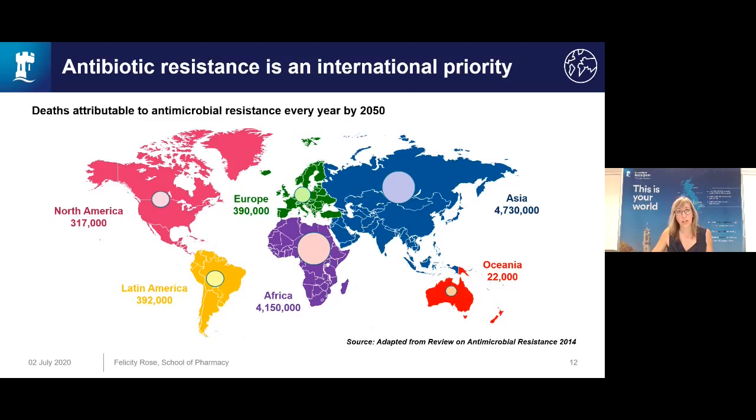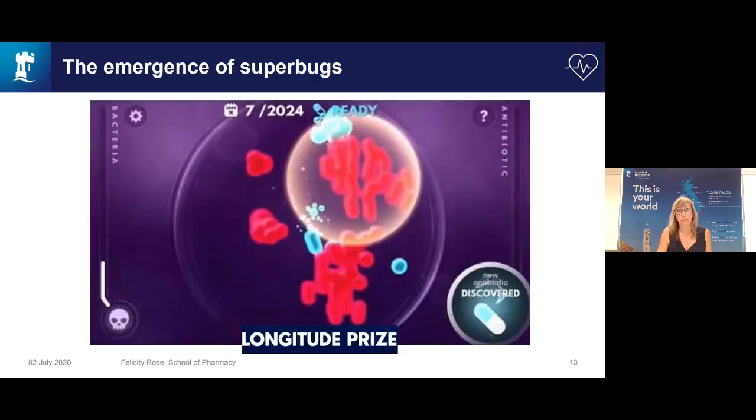So this chart here, this world map, shows you the number of deaths that would be as a result of bacteria for which we have no effective antibiotic treatment. And this is the annual death rate by the year 2050. So you can see the scale at which this could rapidly become an issue in 30 years' time.